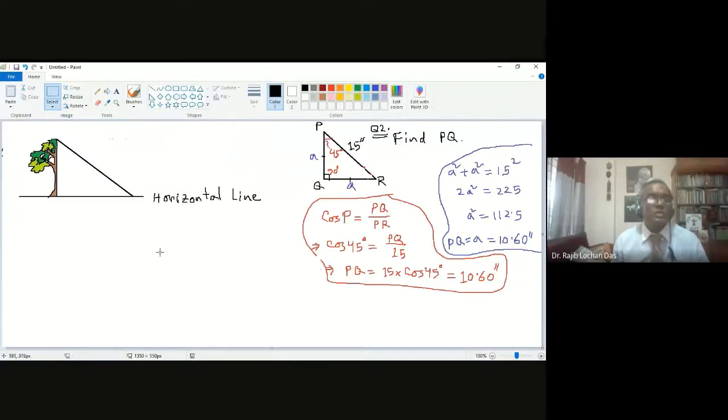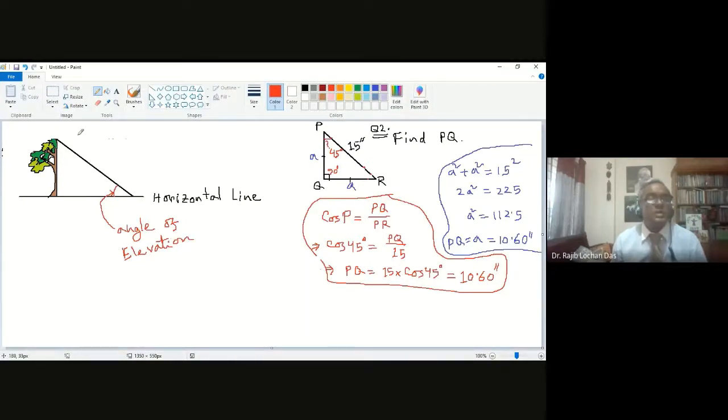The direction is bottom to up. That is why it is angle of elevation. Which one is the angle of elevation? The angle of elevation is with the horizontal line. This one is called the angle of elevation, because someone is seeing something at the top from the ground. So it is elevation. Is that okay? And another angle is called depression.